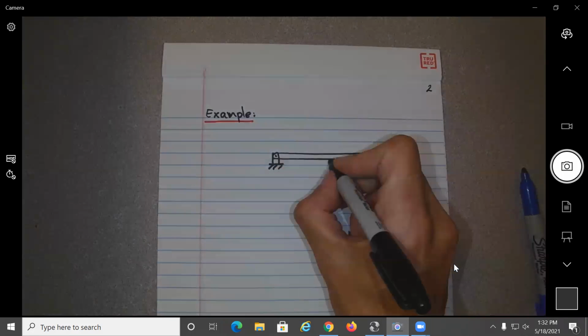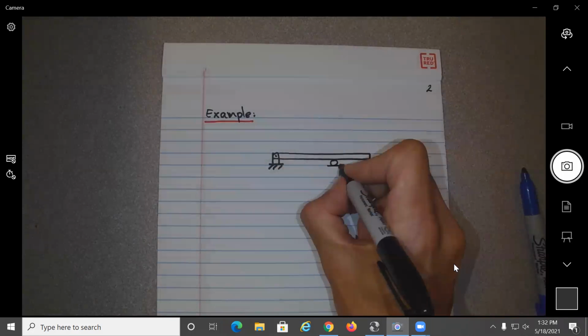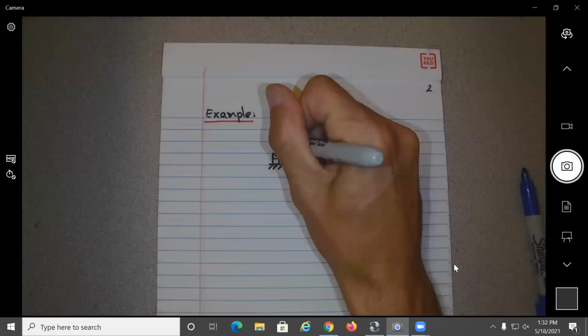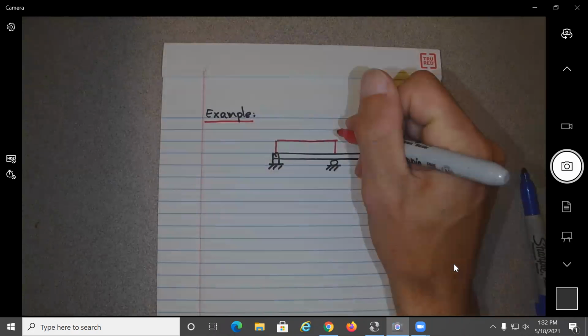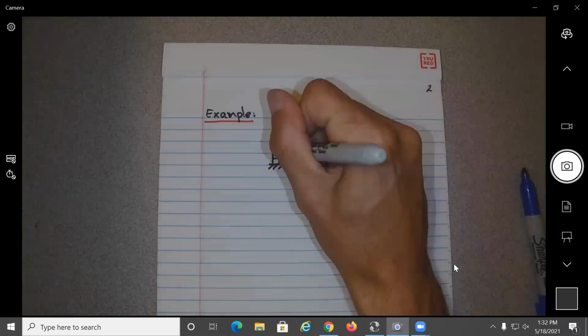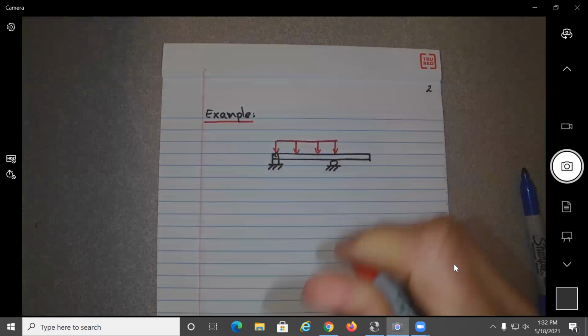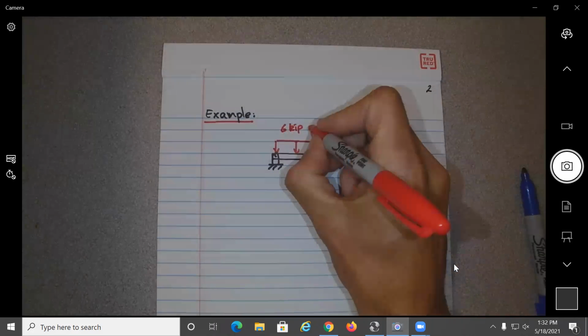Here is a roller support. And the loading on that beam, we have a distributed load between these 2 points that is equal to 6 kip per foot.